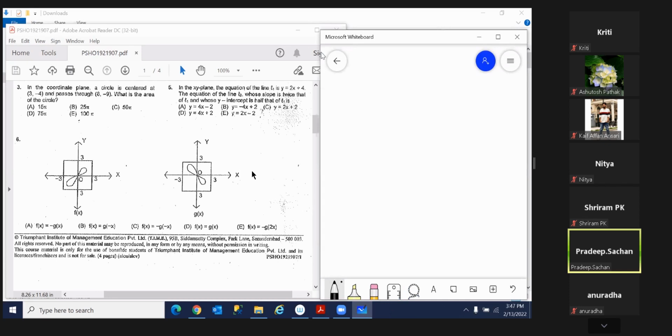And now suppose the question is saying draw the graph of y is equal to f of minus x. The function is the same, remember. Here also the function is f, here also the function is f. But now you want to draw f of minus x. This means whatever value it was taking at x, now the same value it should take at minus x, correct?